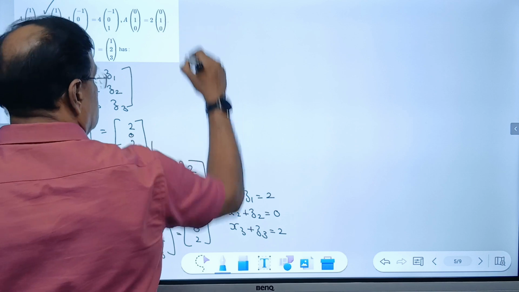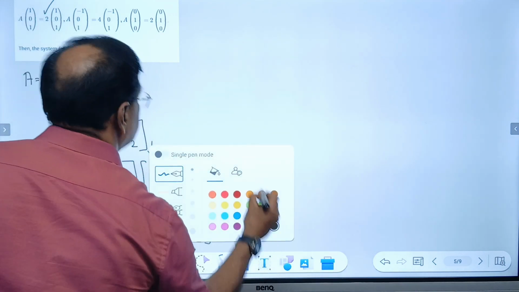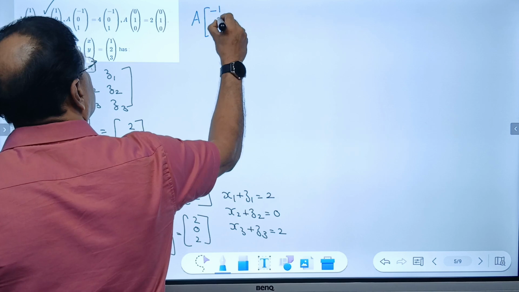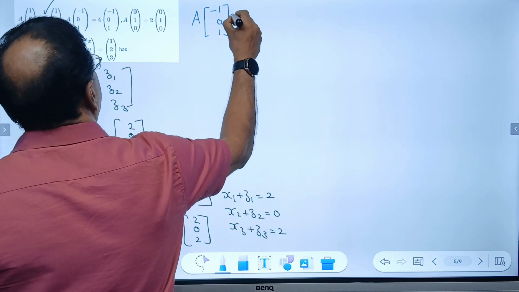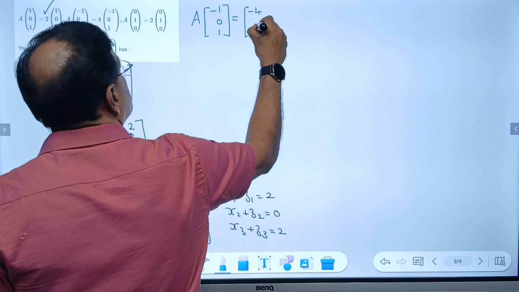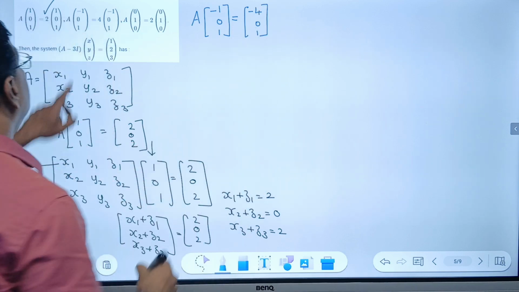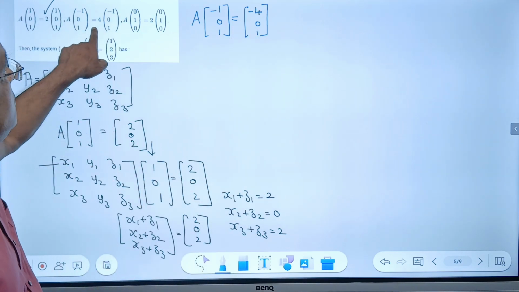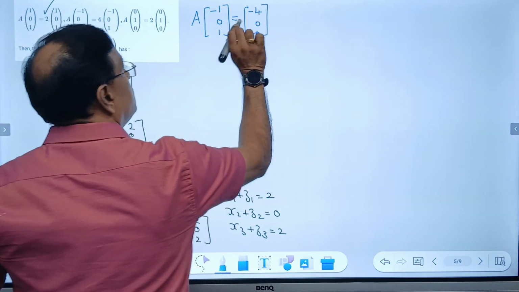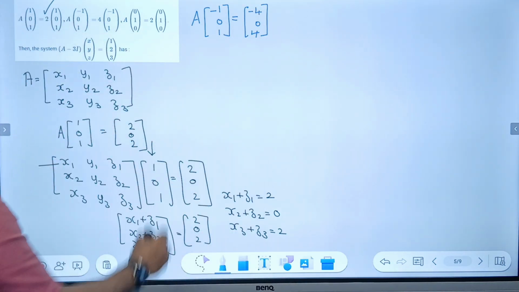My next equation is A into minus 1, 0, 1 equal to minus 4, 0, 4. Now what is A?